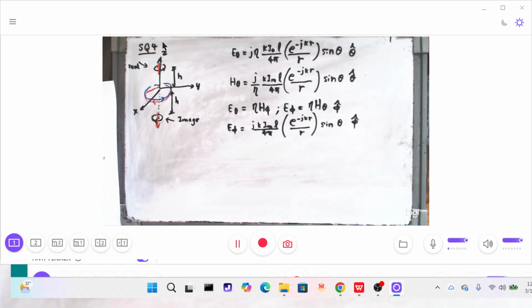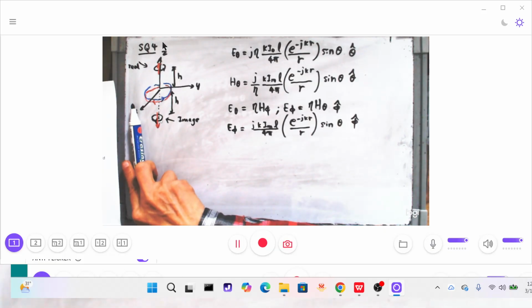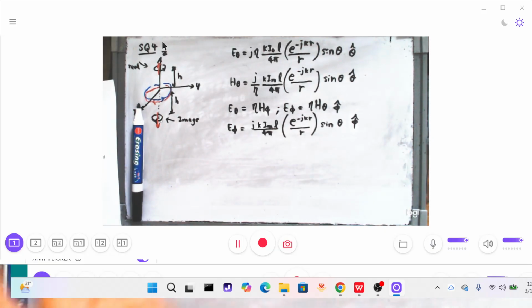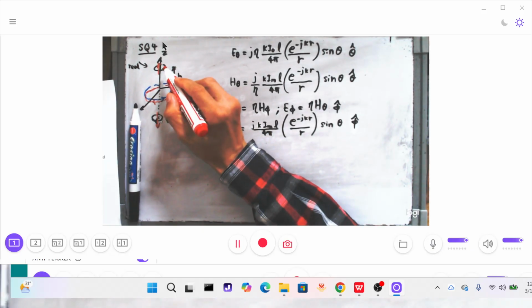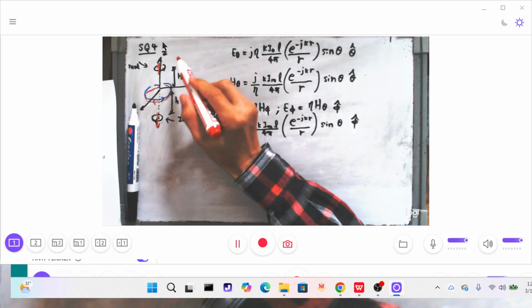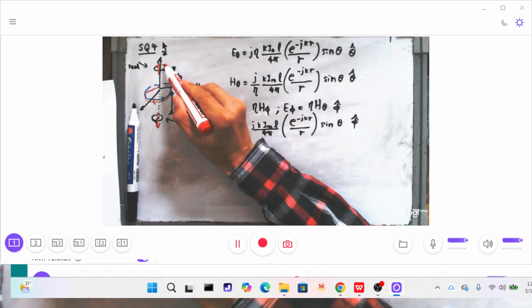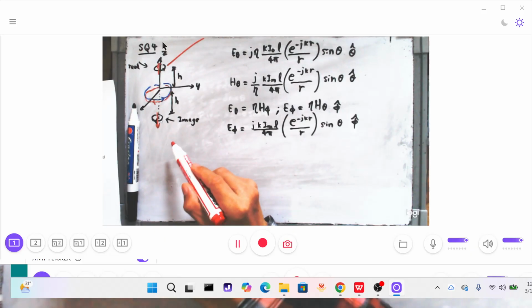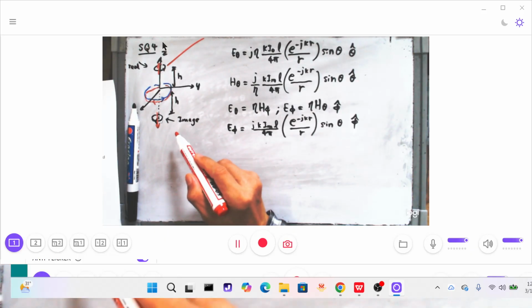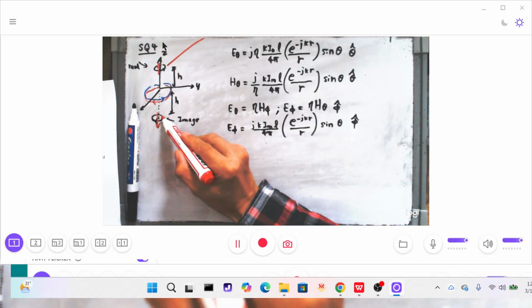So the first part of the question: determine the far field component radiated by the dipole in the presence of the ground plane. Yeah, I'm going to do it now. First of all, if you consider the far field, then you know the upper magnetic dipole will radiate out. This is the direction of propagation, and the bottom one will be the same.